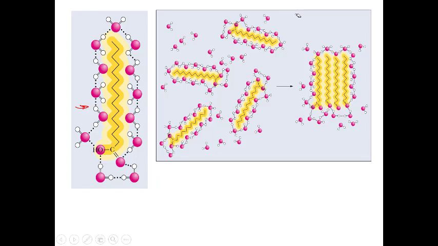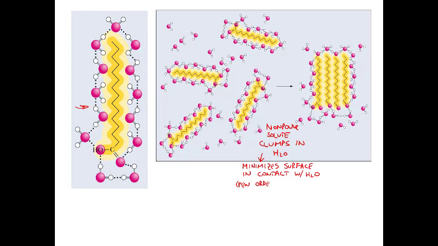So how does this work out if you actually take hexane and dissolve it in water? What's going to end up happening is that the nonpolar solute is going to clump up when it's in liquid water. And the function of the clumping up in liquid water is that it minimizes the surface area in contact with water so that we end up with as few ordered waters as possible.